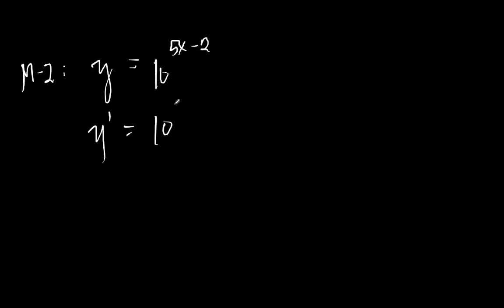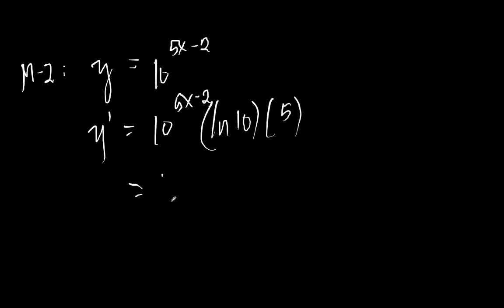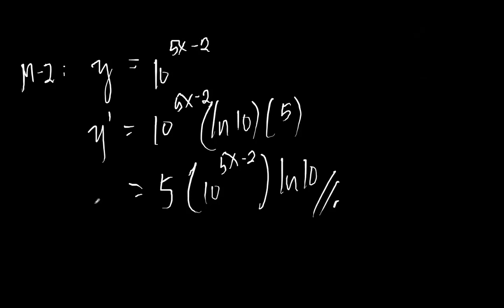We copy the given, multiply it by the natural logarithm of the base, and of course, differentiate the exponent, that's 5. So here we go. 5 times 10 raised to 5x minus 2 times the natural logarithm of 10, y prime. Okay, so we have the same answer. And again, whichever method you use, that's fine.